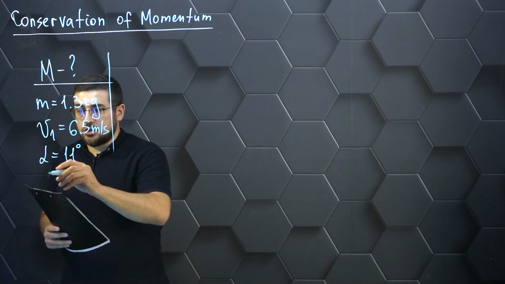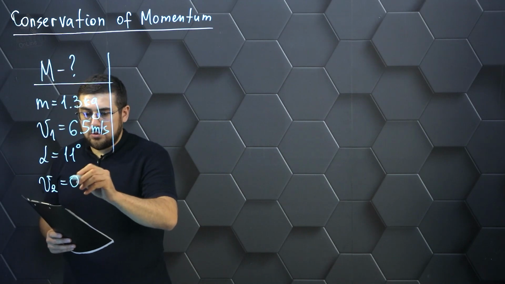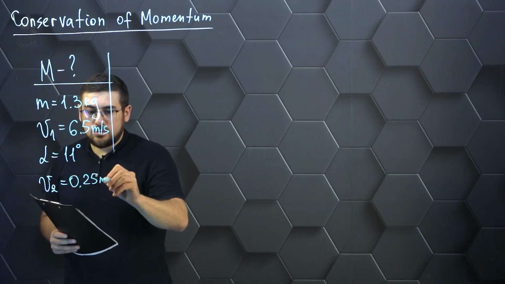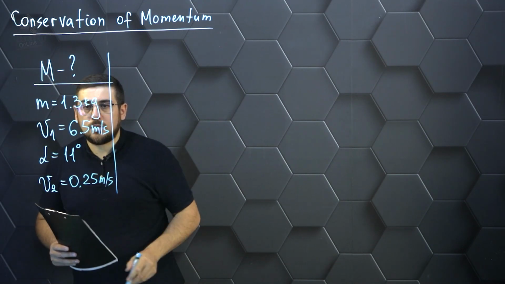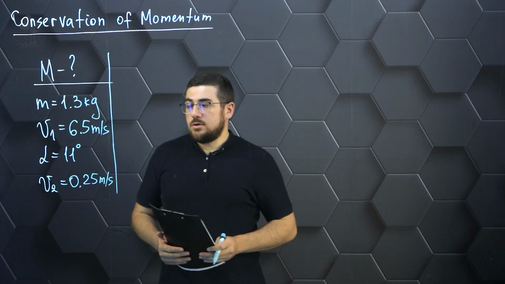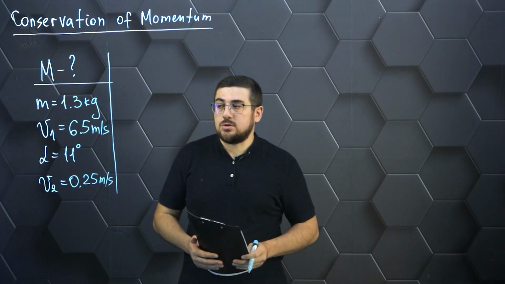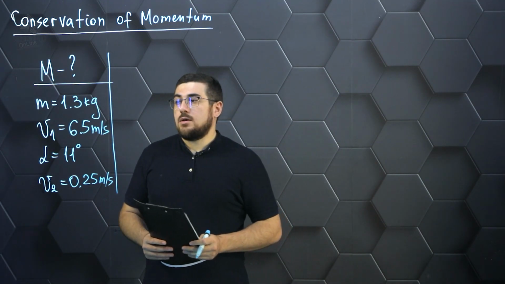It's also known that he rolled back after the throw at a velocity of 0.25 hundredths meters per second. We have all the data in SI, so we will not translate anything, and now let's see how such a problem is solved using the law of conservation of momentum.